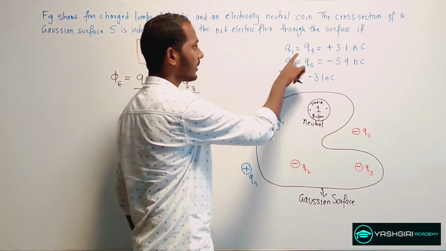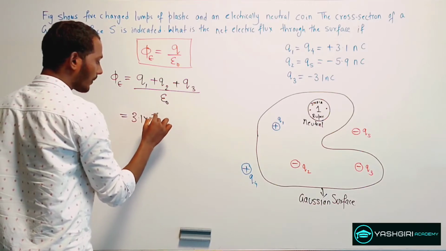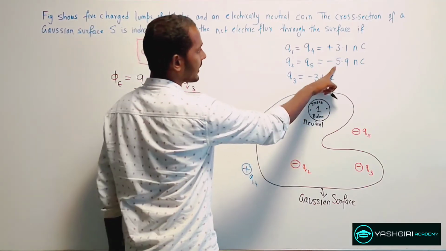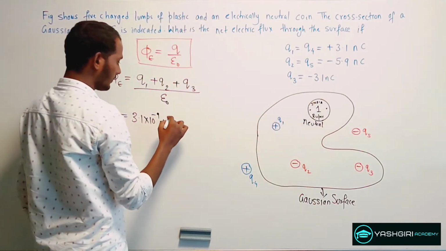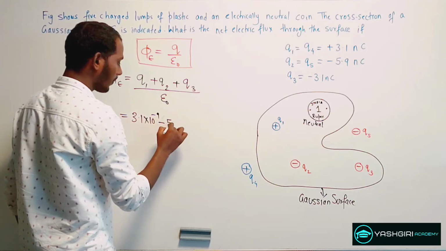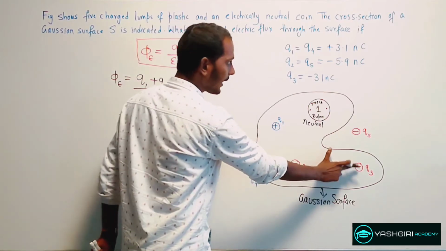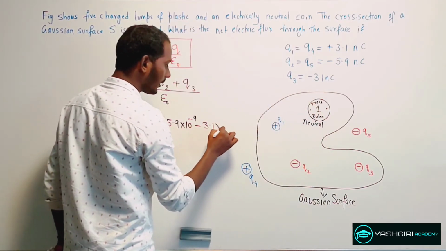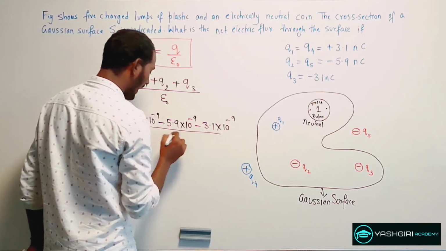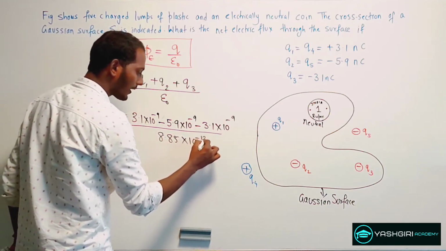The Q1 given to us is positive 3.1 nanocoulomb, so 3.1 into 10 to the power minus 9 coulomb, plus again the charge Q2, which is a negative charge, so it will become minus 5.9 into 10 to the power minus 9 coulomb, and the charge Q3 is also a negative charge whose value is 3.1 into 10 to the power minus 9, again a negative charge, right? So divided by epsilon naught, the value for epsilon naught is 8.85 into 10 to the power minus 12.